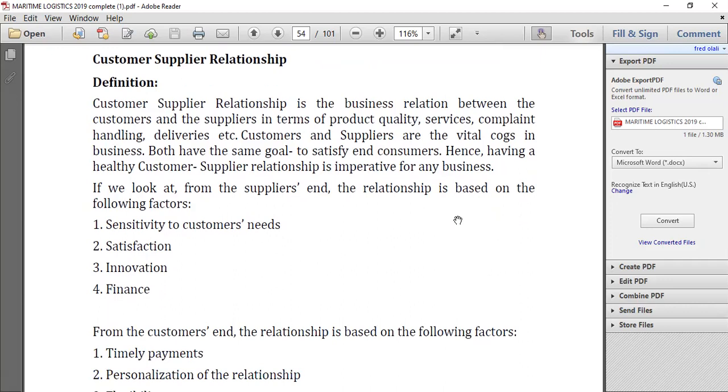As a supplier, you must be very sensitive to what your client needs so that whatever you offer meets exactly what he or she wants. Satisfaction. This is key: for a return purchase or a return business relation, the client must be satisfied with whatever you offered him.